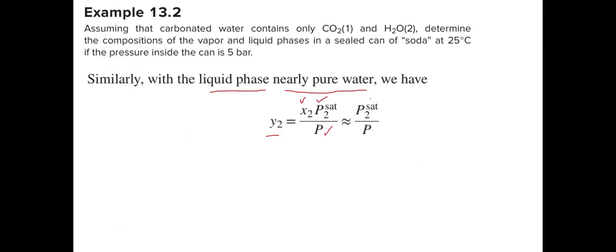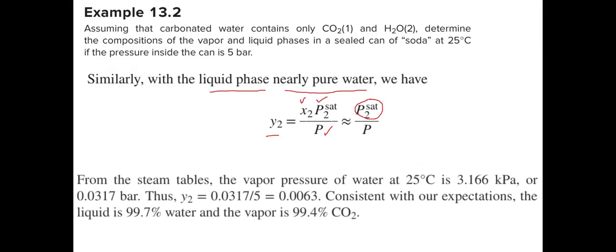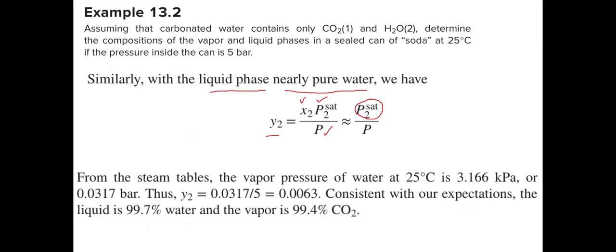We can use the steam table to find the saturation pressure if it is not given. From the steam tables, the vapor pressure of water at 25 degrees Celsius is 3.166 kilopascal or 0.0317 bar. Therefore, y2 is equal to 0.0317 divided by 5.